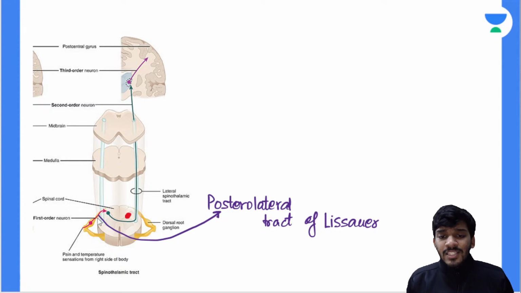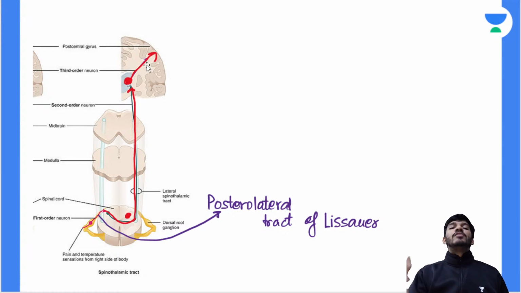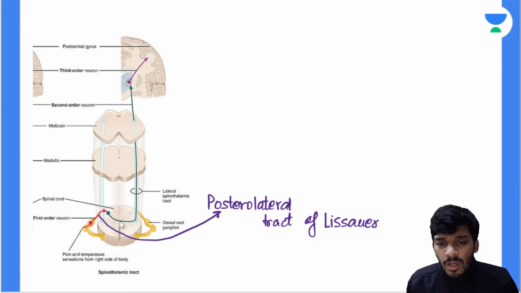Okay, but then these fibers cross from the anterior white commissure to the other side, and then they contralaterally ascend as the lateral spinothalamic tract. They go to the ventroposterior lateral nucleus of the thalamus, and then finally through the posterior limb of the internal capsule, they will reach the somatosensory cortex. Again, the same things to be noted. Just very quickly, I will note them for you.